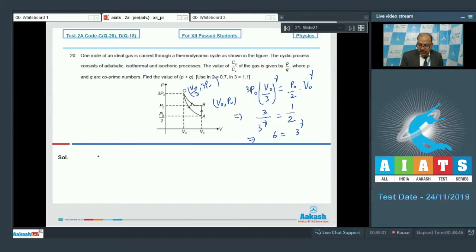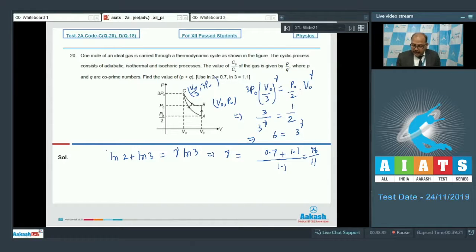Taking log on both sides, we get, 6 is 2 into 3, so we get ln2 plus ln3 equals gamma ln3, and so gamma is equal to 0.7 plus 1.1 divided by 1.1, or it is equal to 18 by 11.